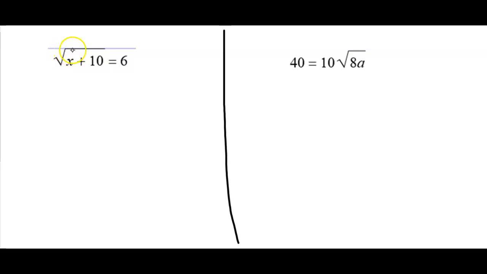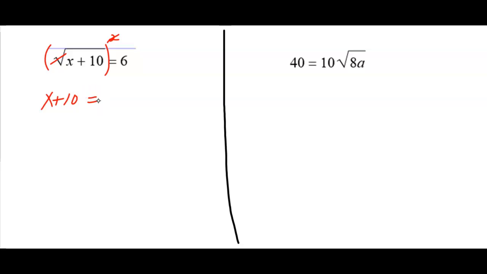We all know that this is a square root, so the inverse of that is raising it to the power of 2. If you raise something that's a square root to the second power, then the power of 2 is going to cancel that square root off, and you're left with just whatever that radicand was.